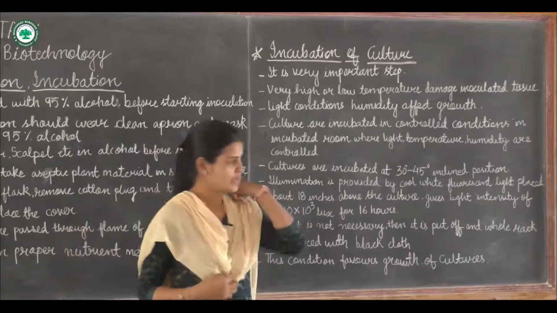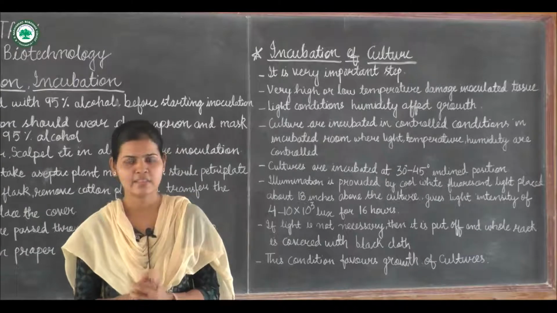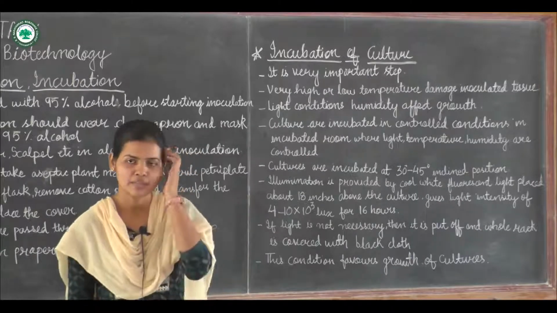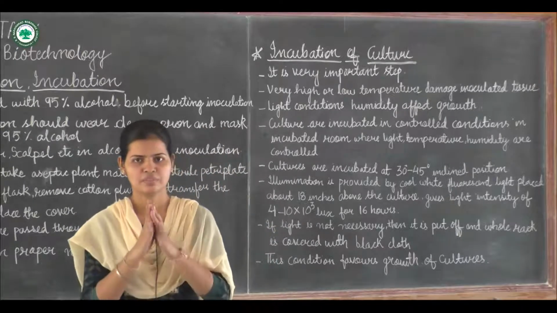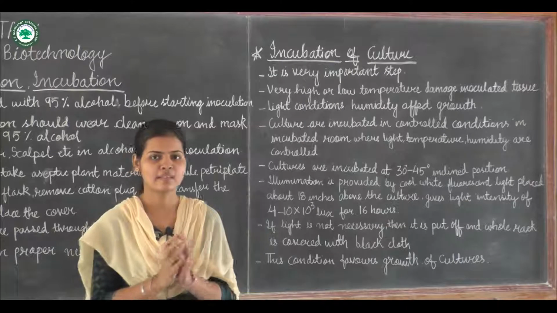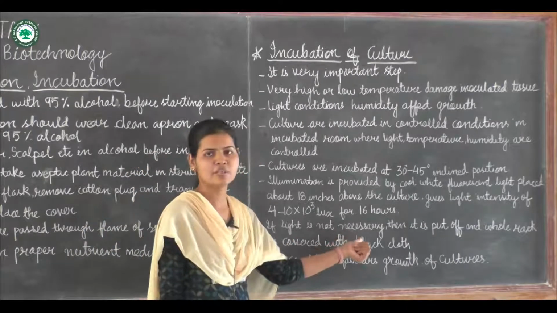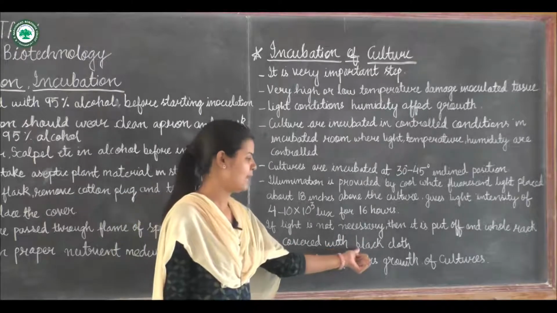Now this light will be given to the plant which requires light. Suppose we are growing a plant that does not require light. In that condition, all darkness is maintained, or if light is not necessary, then it is put off, and the total rack is covered with a black cloth.